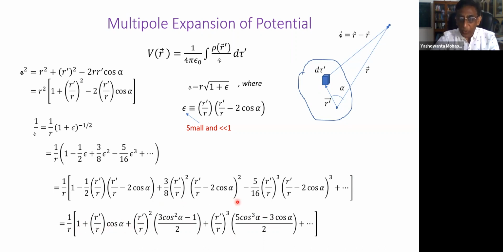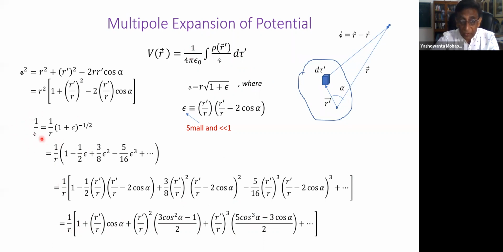So let's remind what we did. We started with the potential, then we expressed 1 by curly r as a function of 1 by r, in which epsilon was small, expanded it, and got my expansion of 1 by curly r. So far I have not plugged this into my potential.